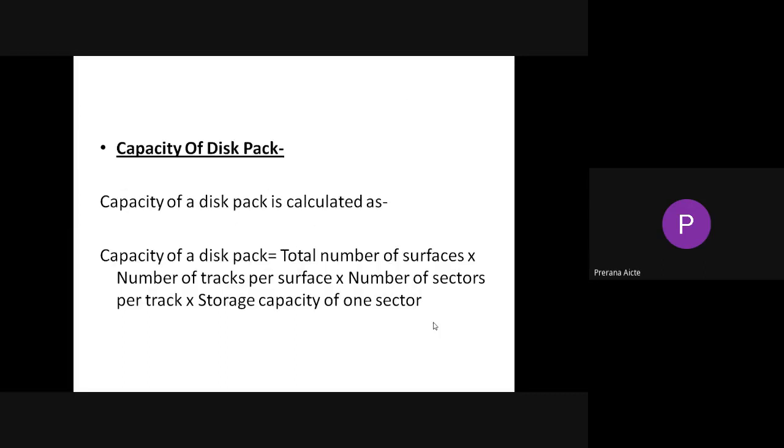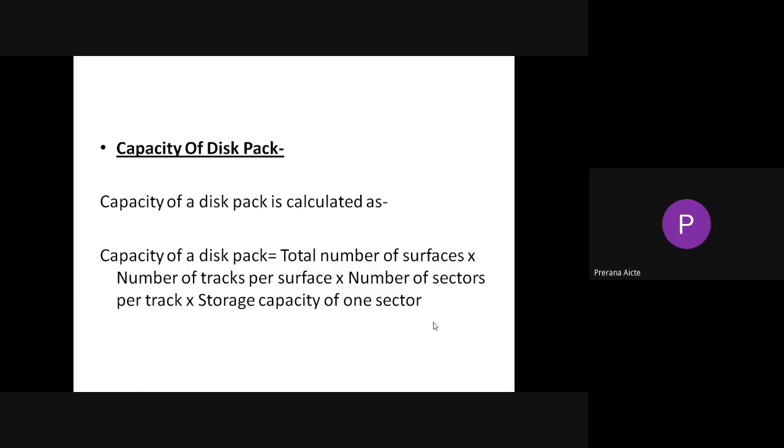And next one, capacity of disk pack. How to calculate the capacity of a disk pack? Capacity of disk pack equals total number of surfaces times number of tracks per surface times number of sectors per track times storage capacity of one sector.